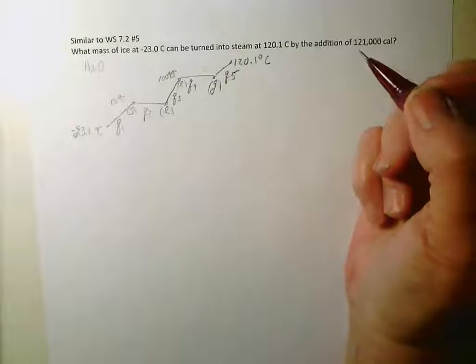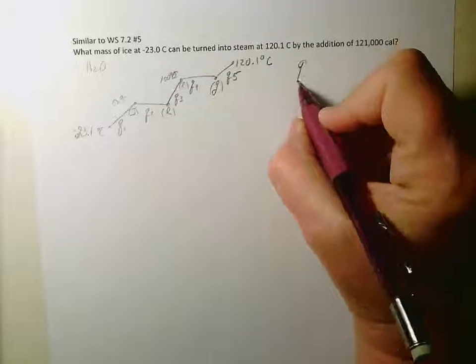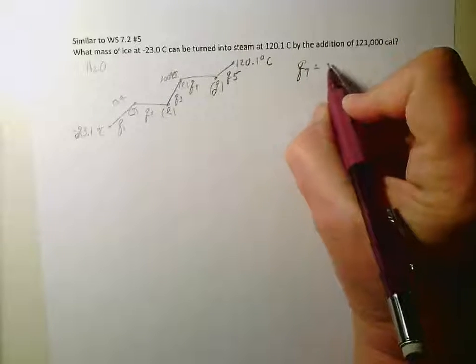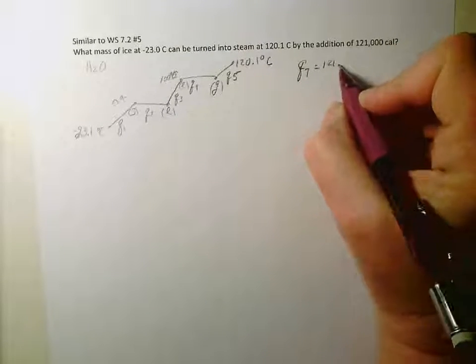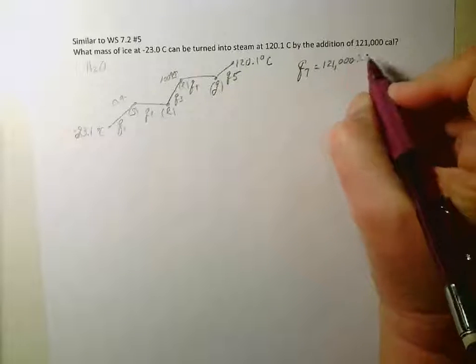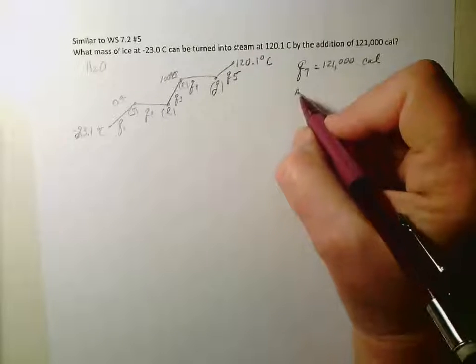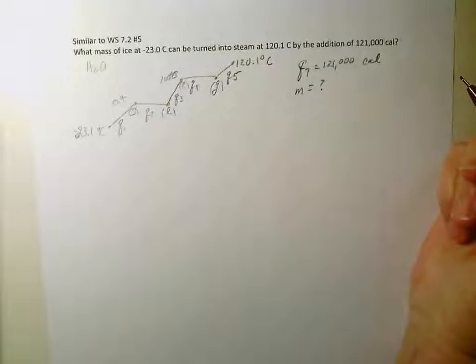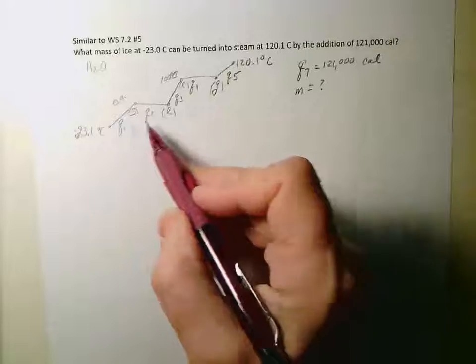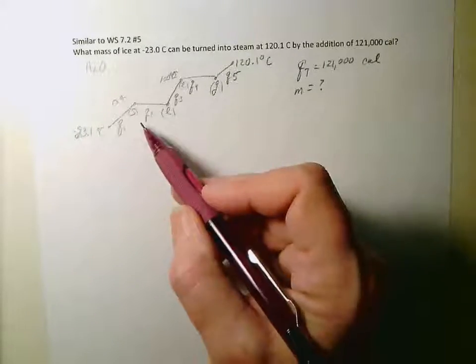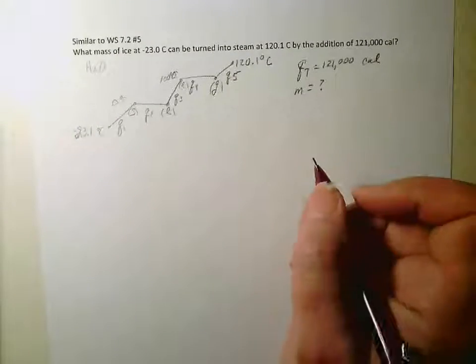So I'm going to have a Q1, a Q2, a Q3, a Q4, and a Q5, all for water. And I know what Q total equals. Q total equals 121,000 calories. And I want to know what mass. So my question is mass. And so each one of these is going to have an X in it.